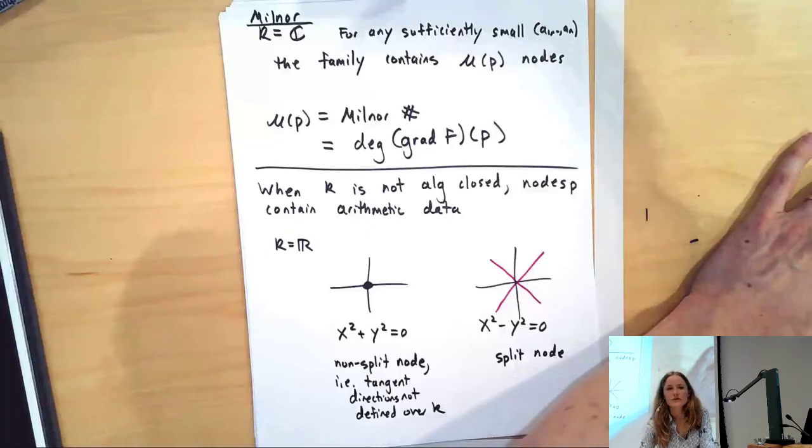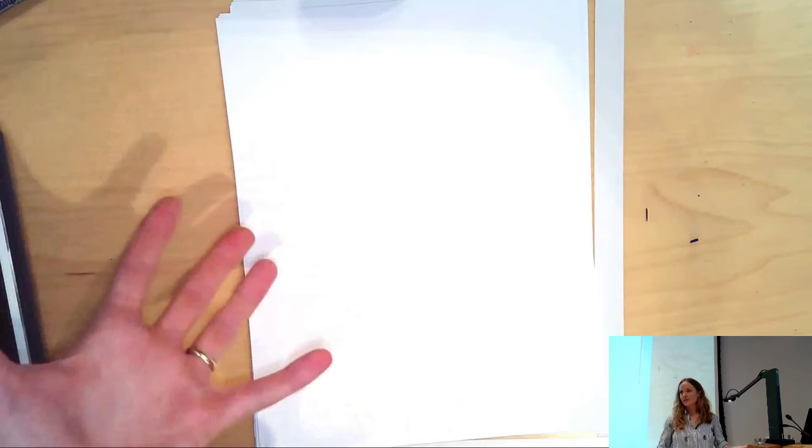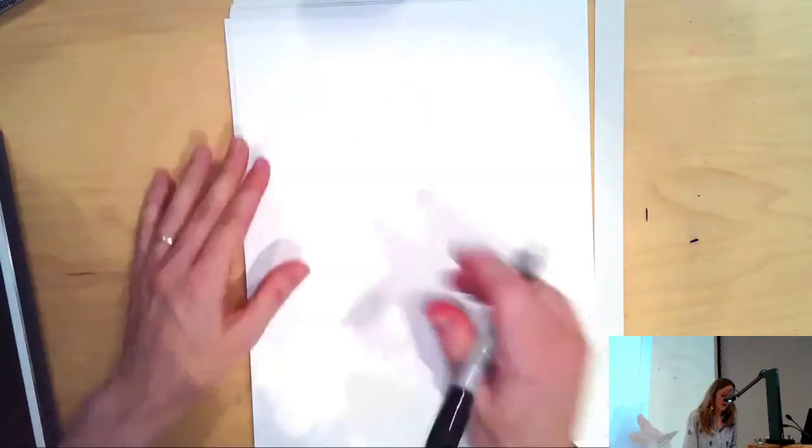We can use the A1 degree in place of the topological degree and do the same argument, counting the zeros of a gradient, and it will naturally pick up something about the node.